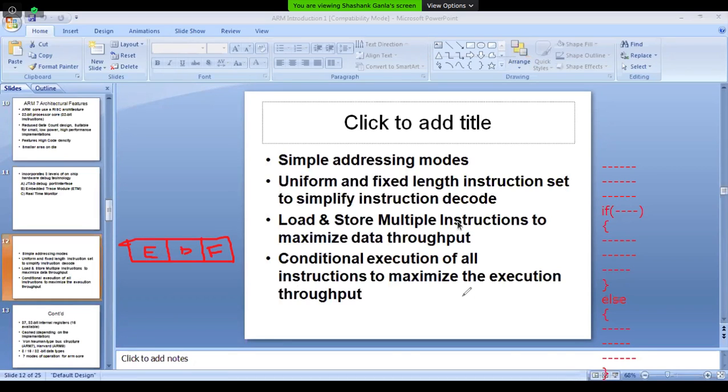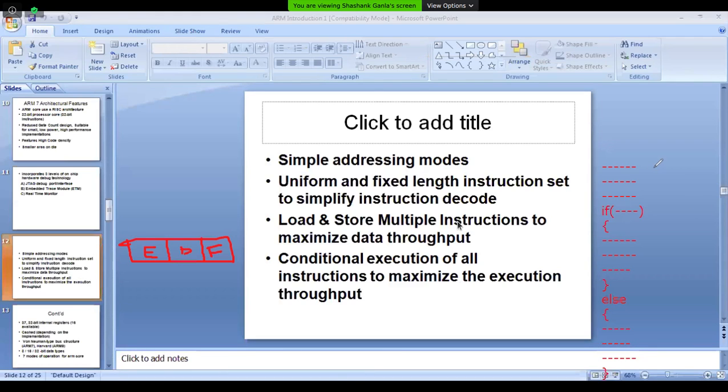Decoding means understanding what is the machine code that has been fetched and triggering the decode logic for the circuit-level operations to be performed for that instruction. Then execution is doing the circuit-level operations to complete that operation. I hope you guys are following it.